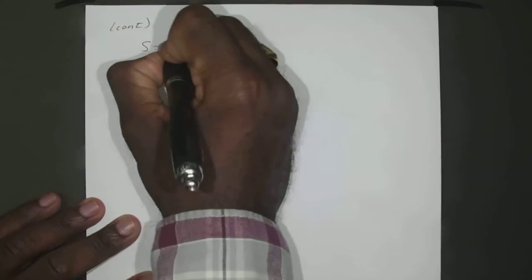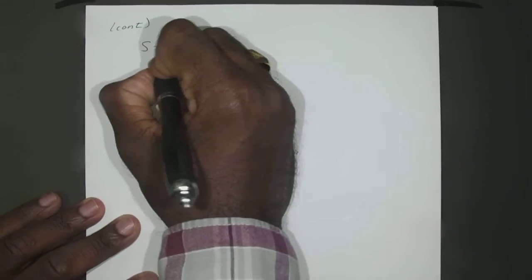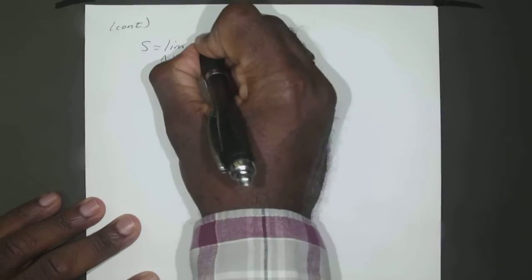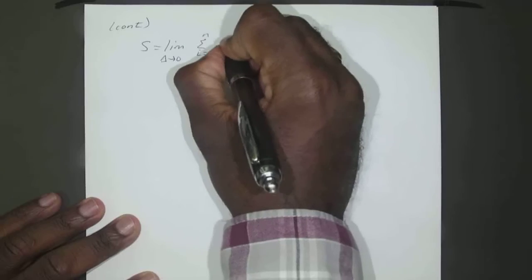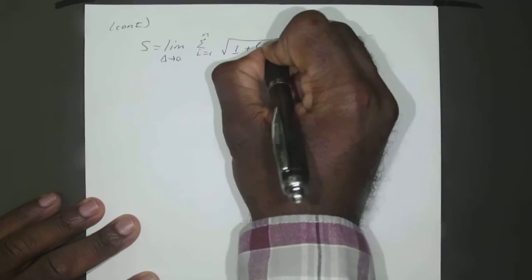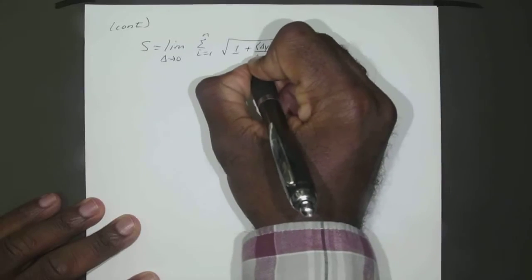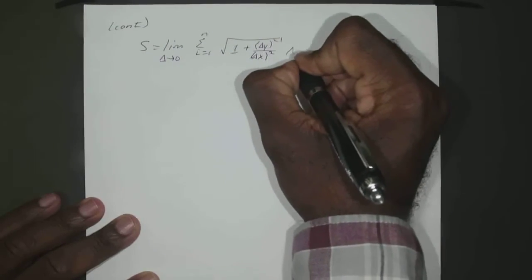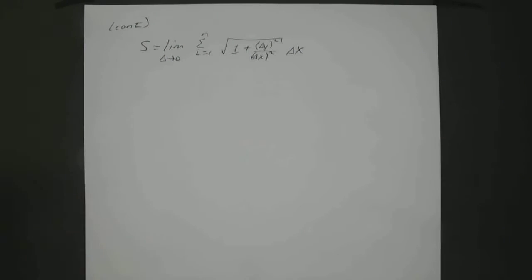Okay, so we left off at s equals the limit as delta approaches 0, sum from i equals 1 to n, square root of 1 plus delta y squared over delta x squared times delta x.